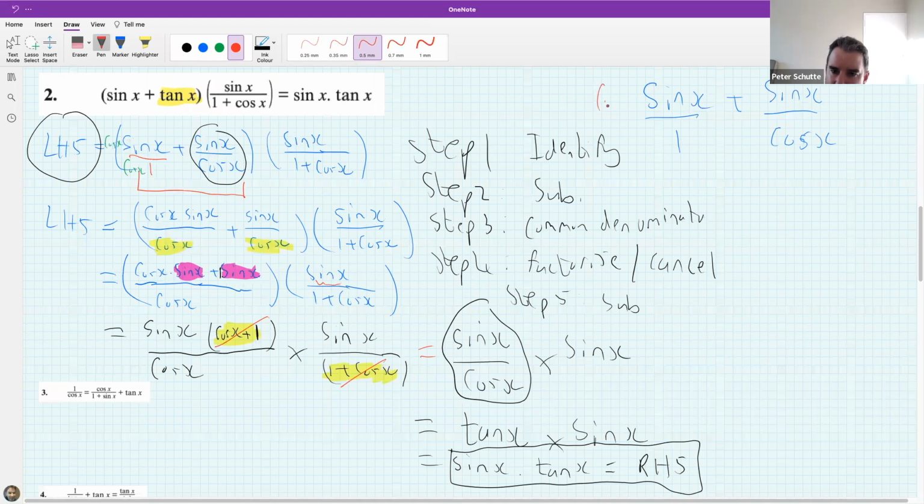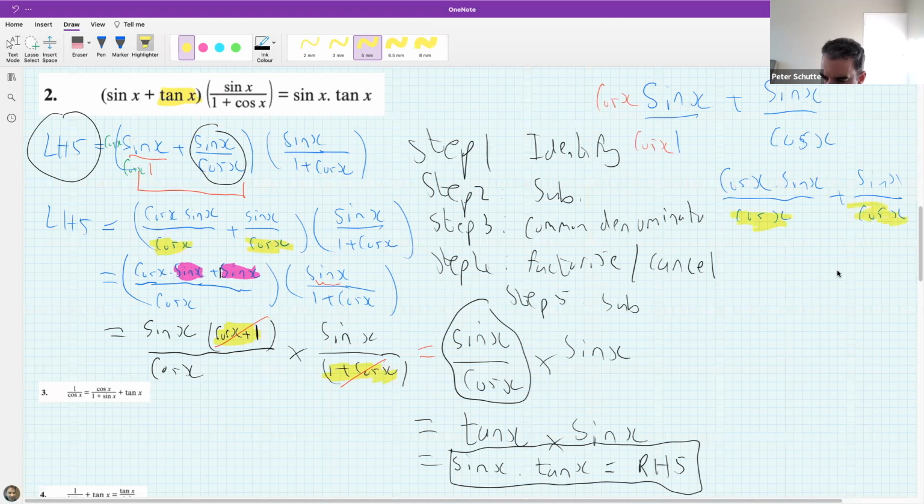And so I multiplied the top by cos x and the bottom by cos x. And if I did that, I then got cos x times sin x over cos x plus sin x over cos x. And that meant I now have those lovely denominators I was so keen on. Okay, so I hope that is helpful.